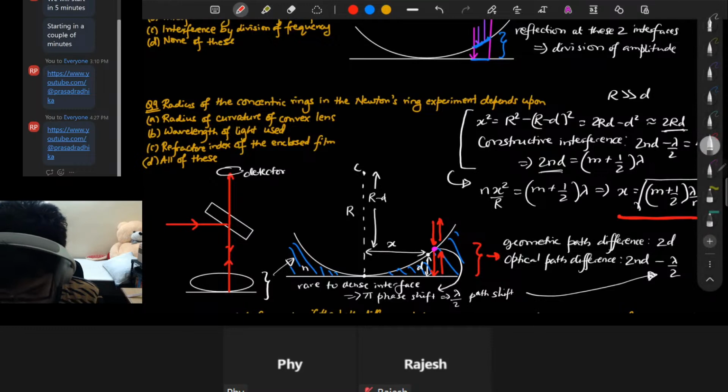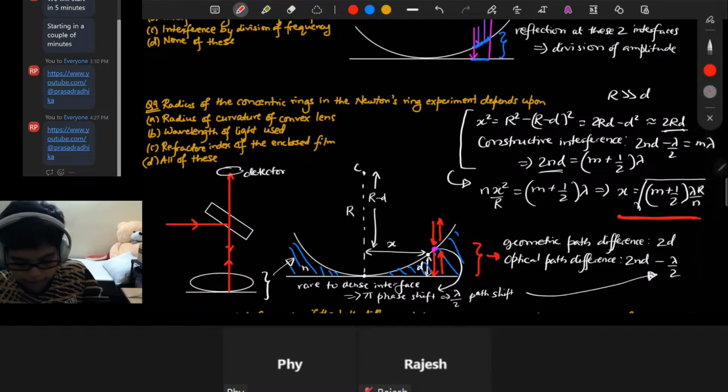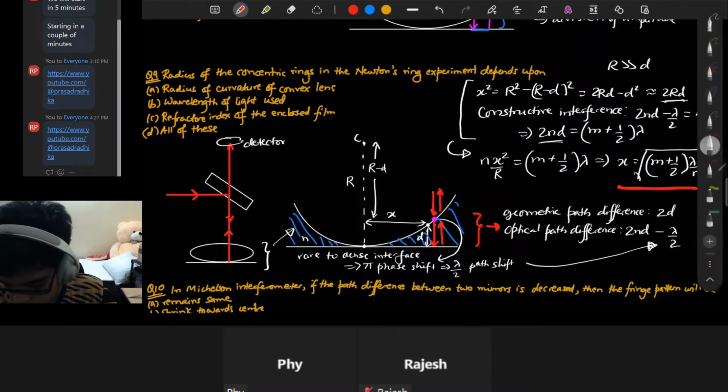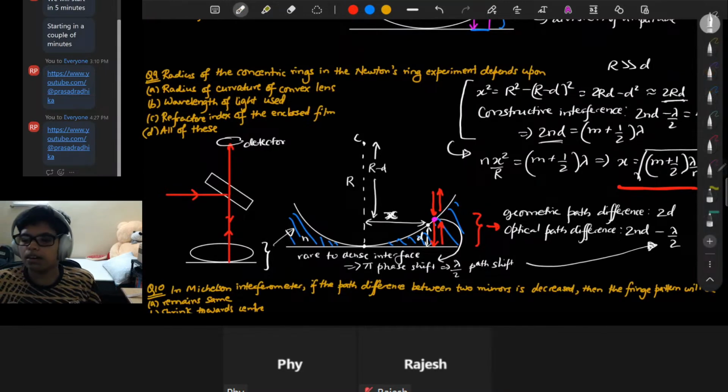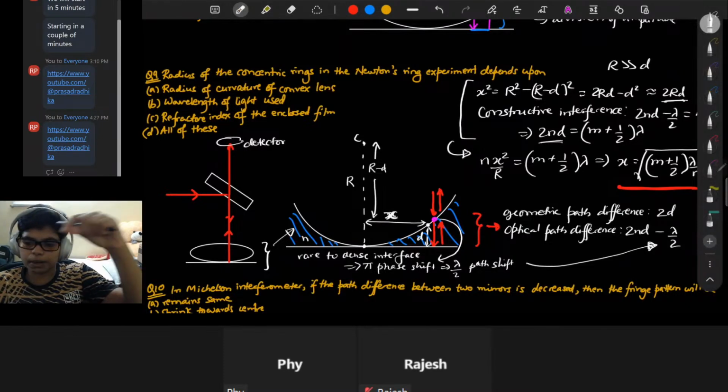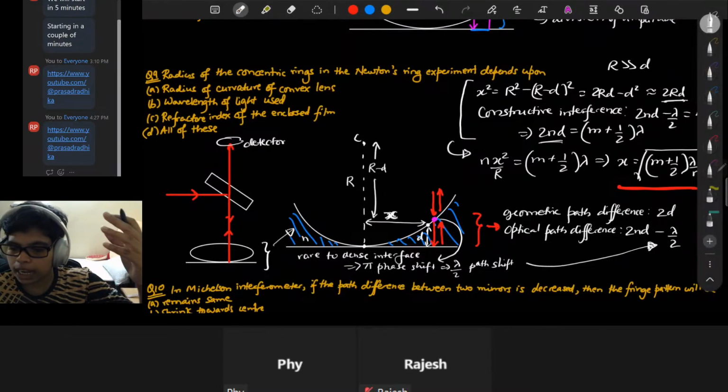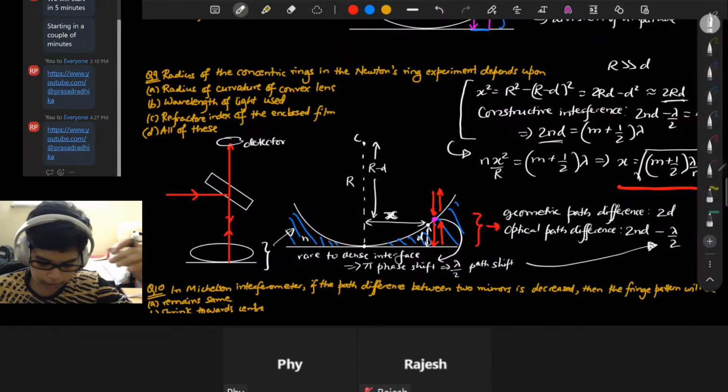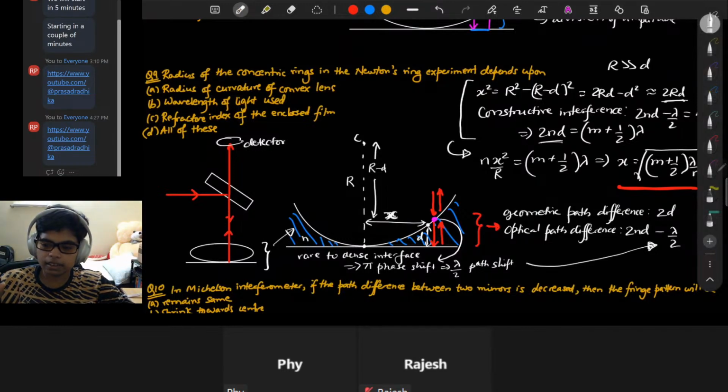And this is the radius of the concentric rings in the Newton's rings, because this x is the radius from the center, and you will see rings of this particular radius. Why of x radius? Because at x distance from the center, the thickness of the film remains constant.